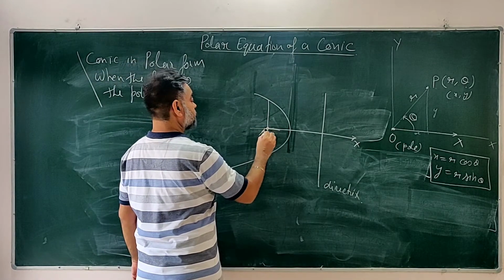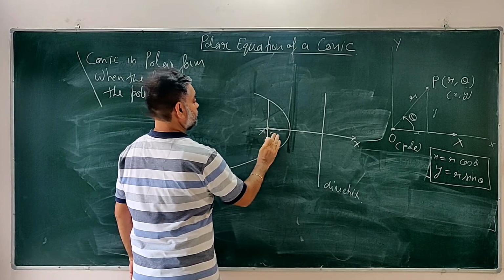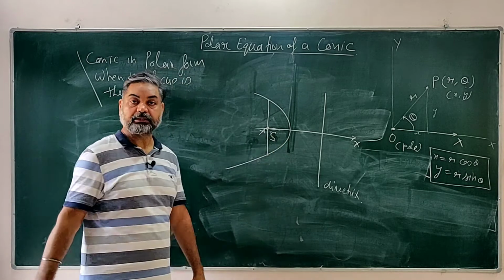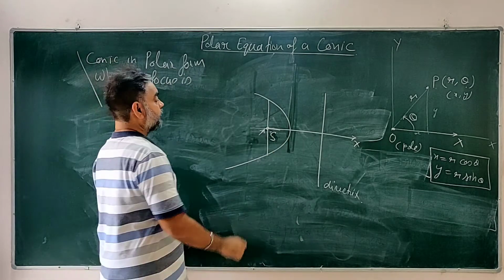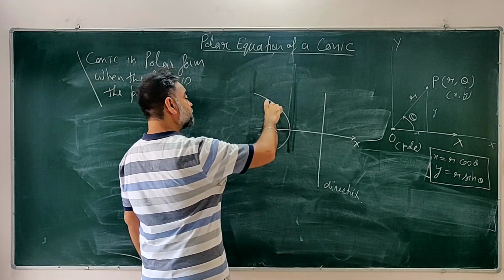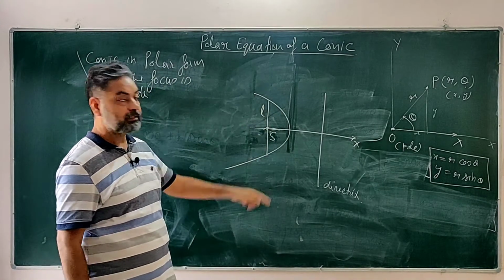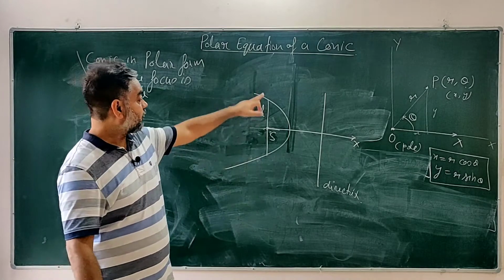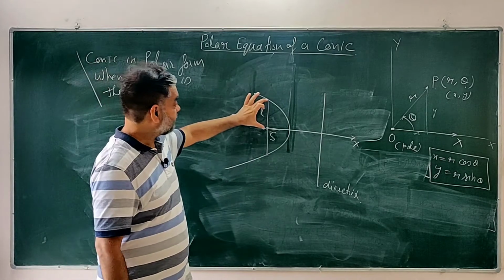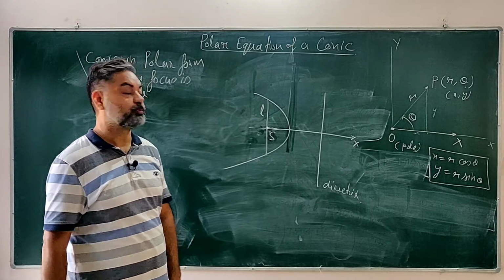We denote the focus by S. This chord is called the latus rectum, and suppose the length of the semi-latus rectum is small l.